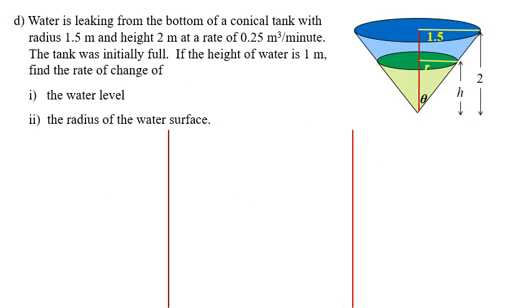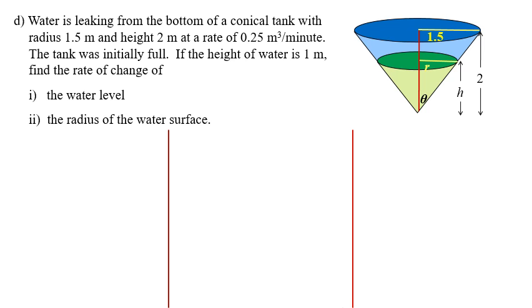Right. So now look at question D. The shape is almost the same, right? There is an inverted cone. But in this situation, instead of pouring in water, the water is leaking down from the bottom. Okay.